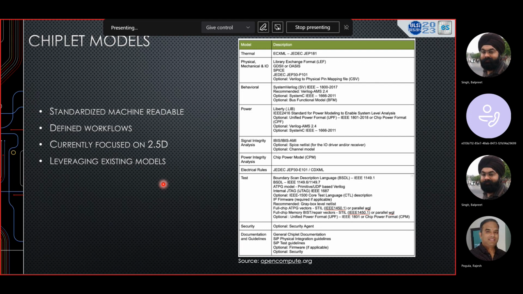When I'm getting a chiplet that I'm trying to integrate, I need to make sure that I have a set of standard models which exist for me to do early analysis, right? Maybe the model, whatever they're trying to deliver, may not be mature enough at that particular milestone. But eventually, when you go through multiple milestones, it has to get matured, right? Just like how we do convergence at SoCs, right? So first thing is standards are getting created, already there for 2.5D and continuing to evolve for 3D.